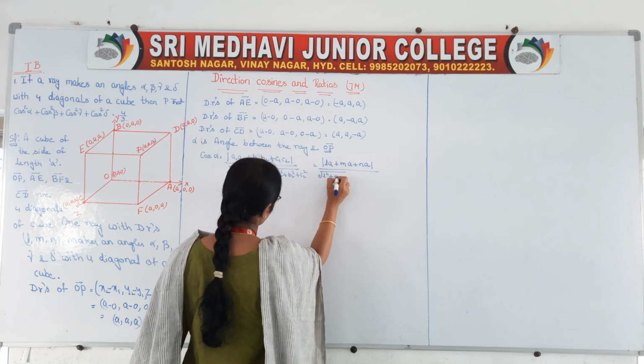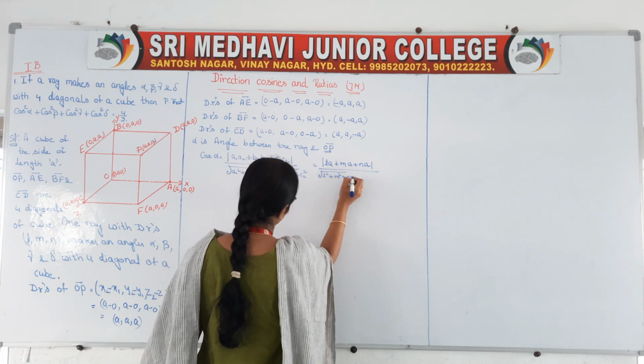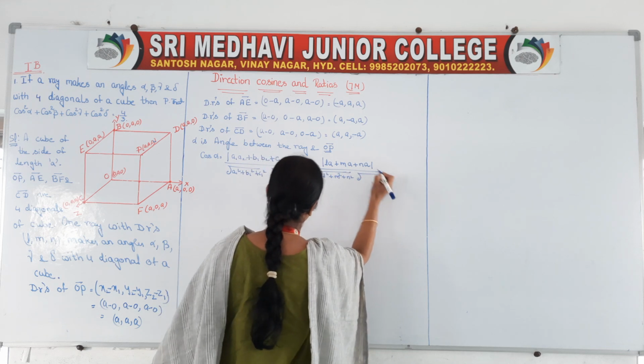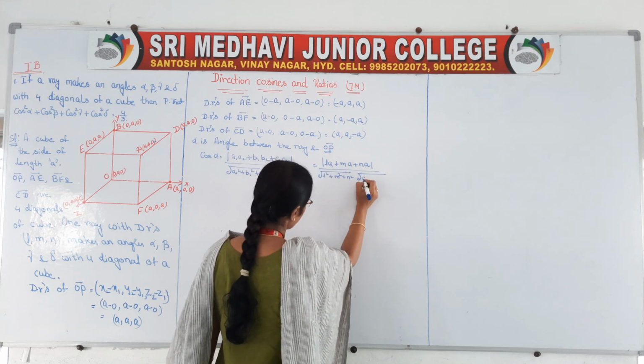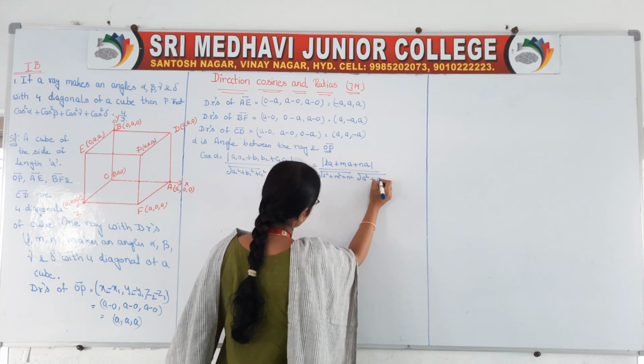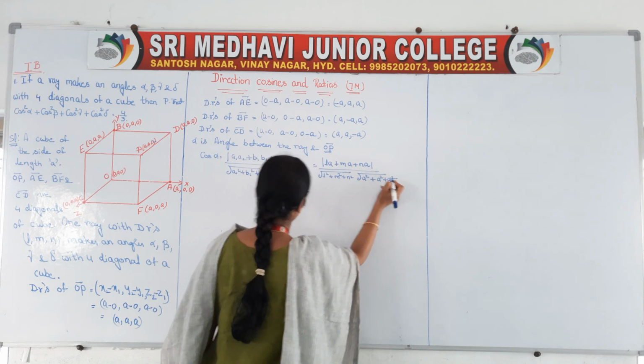L square plus M square plus N square into, what are the direction ratios of OP bar? A square, A square, A square.